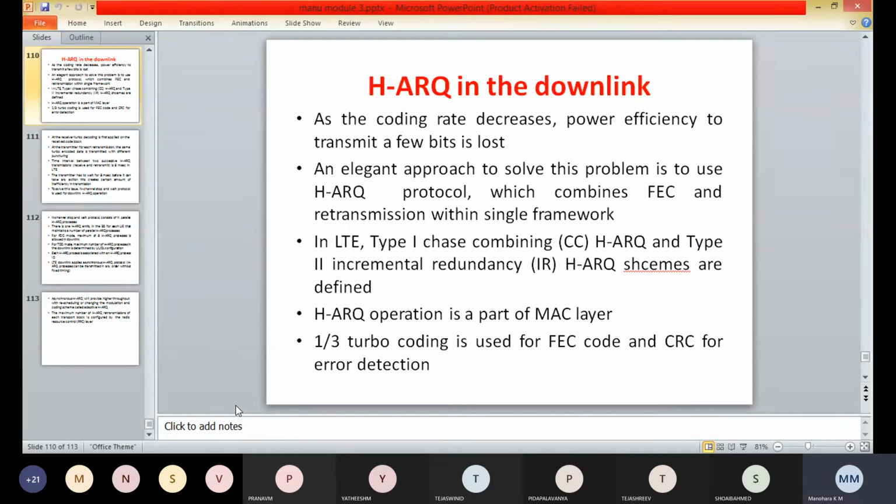An elegant approach to solve this problem is to use the HARQ protocol, which combines FEC and retransmission within a single framework.